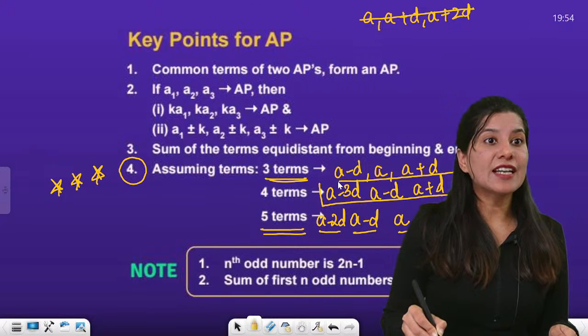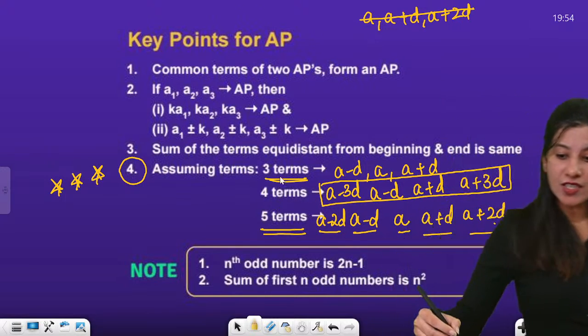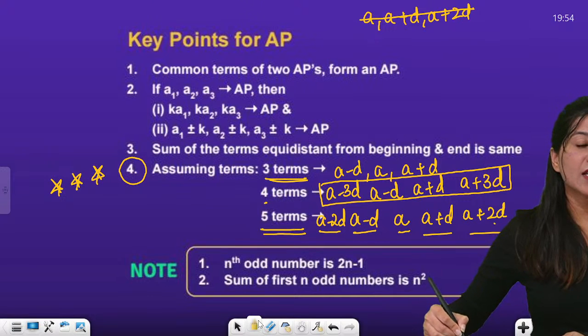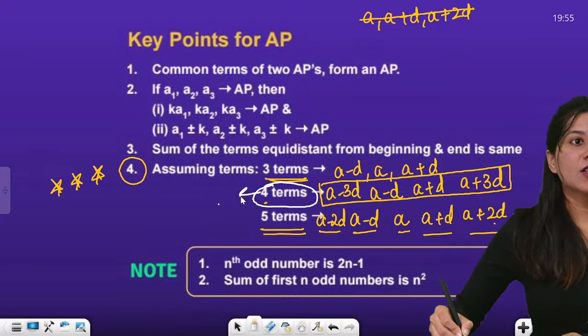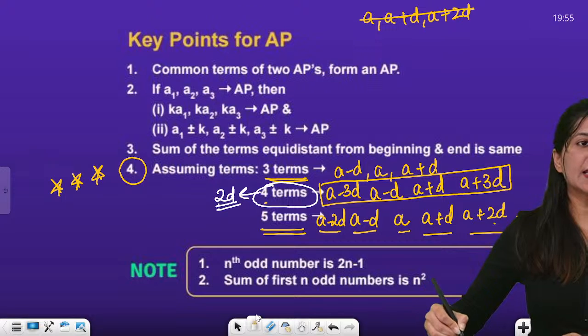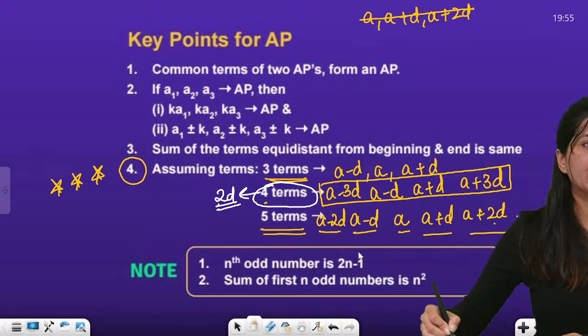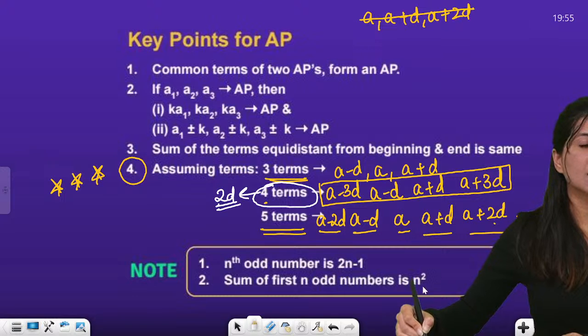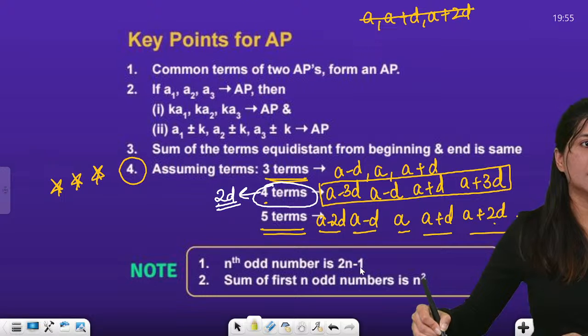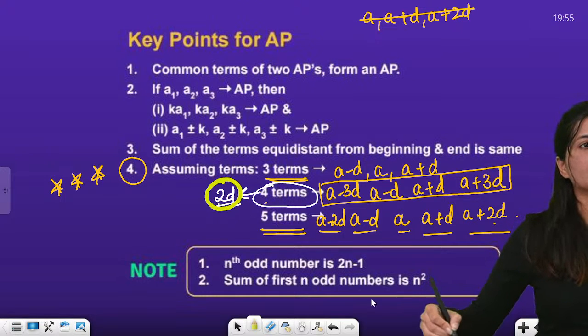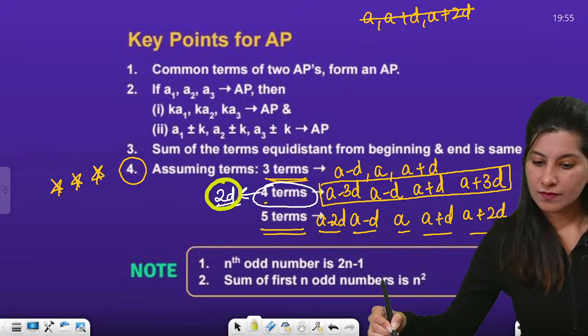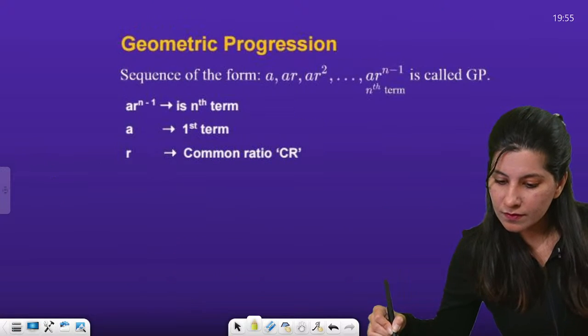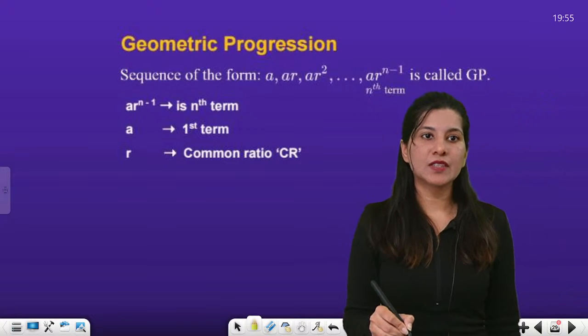This is something different, and if you observe the terms in 4 terms carefully, the common difference related to 4 terms is nothing but 2d. Yes, common difference is 2d. Clear?